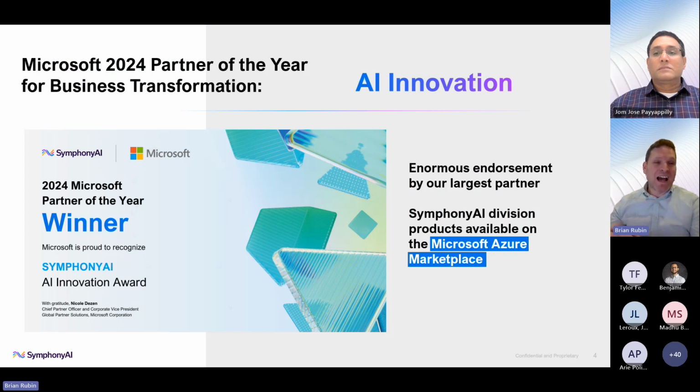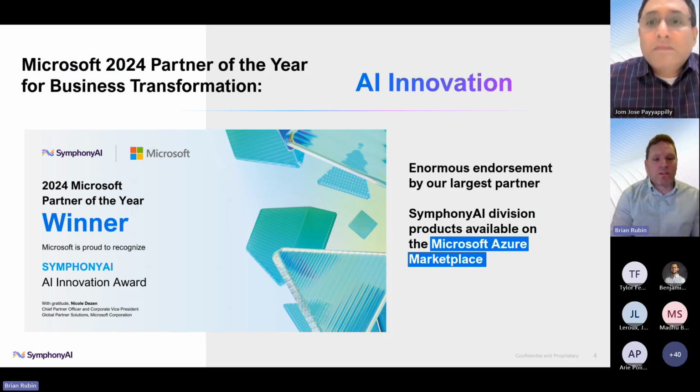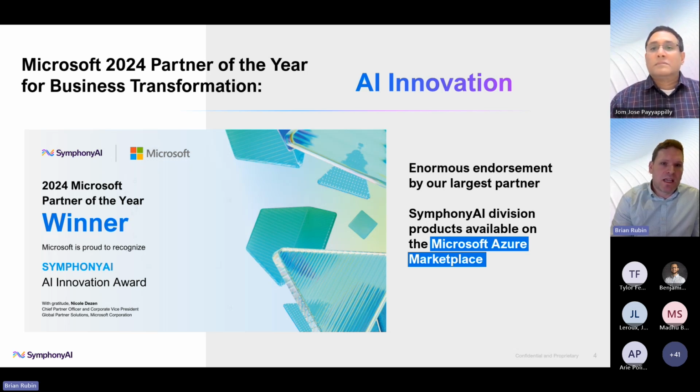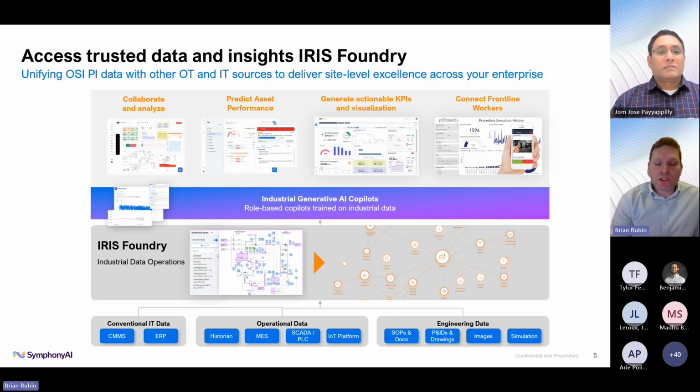Again, I would like to highlight that one of the awards we're very proud of is our Microsoft Partner of the Year Innovation Award, because with the way AI is moving nowadays, so fast, with so many new things coming in, being called out by Microsoft as the innovative AI company in the industrial sphere is very important to us, and we're very proud of that accomplishment. So maybe we'll show you a bit what won us this award.